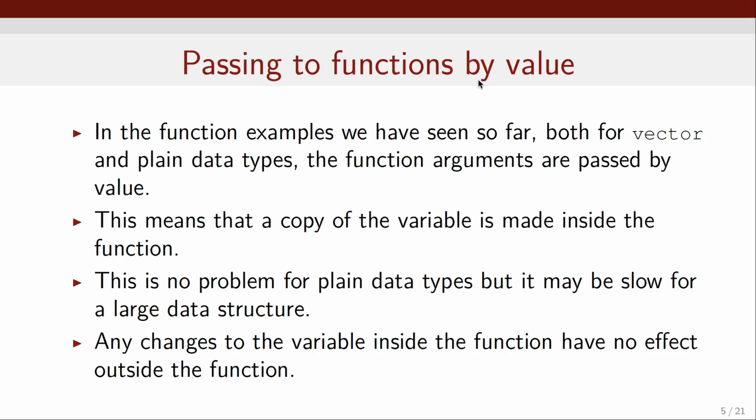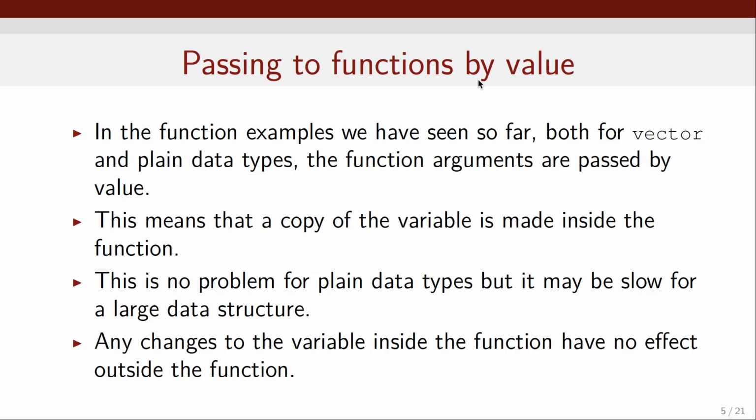So that's what happens in all the examples that we have seen so far. What we've done is called passing to functions by value. So in these examples, both for vectors and plain data types, like integers and doubles, the function arguments are passed by value.